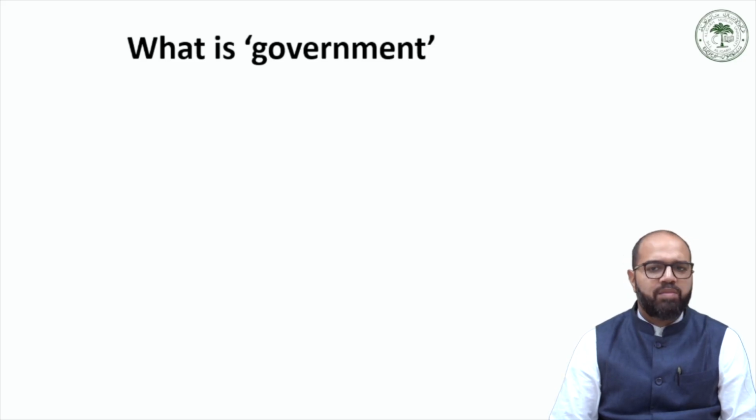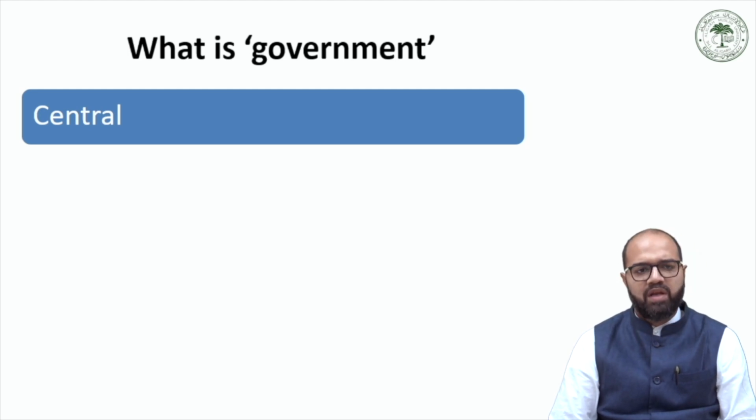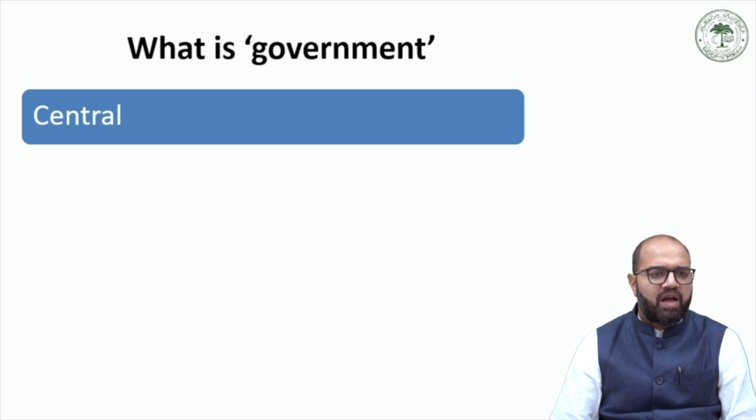This word may have many meanings as used under Section 2, Subclause 45 of the Companies Act. So a government here may mean central government, which entirely on its own has a majority stake in a company, in which case it would be regarded as a government company owned by the central government.